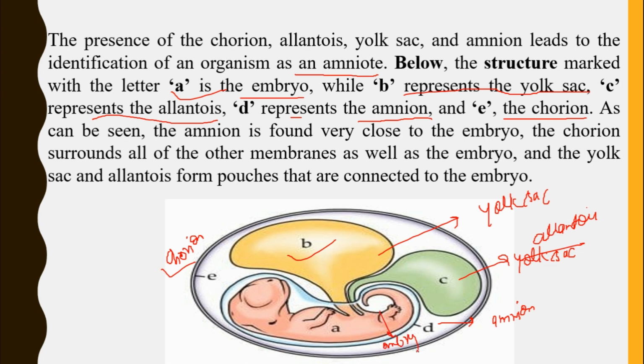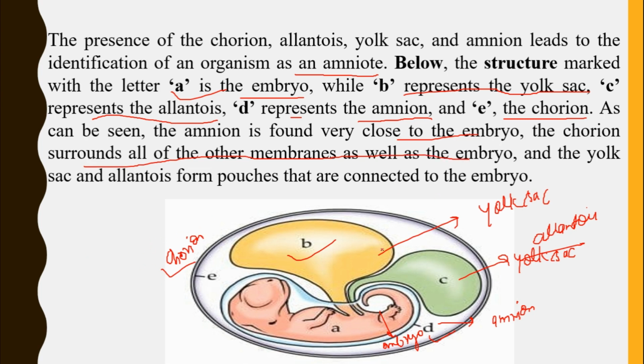As we can see, the amnion is found very close to the embryo. Here D is amnion, and it is very close to the embryo, and the chorion surrounds all the other membranes as well as the embryo. This is chorion, the outermost layer.